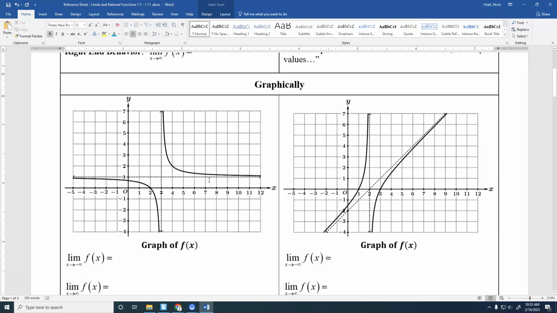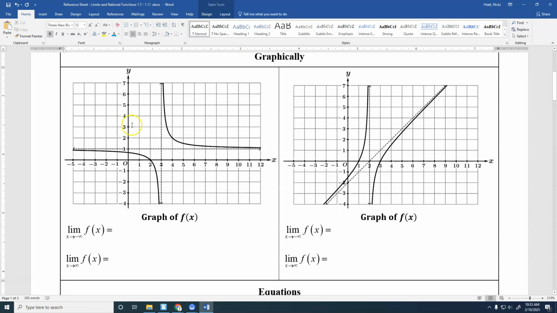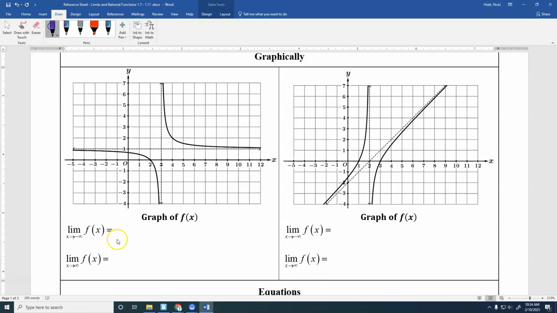So if we look at these two examples that they have given us here, for the graph of f here, let's see, Mason, what is our limit as x approaches negative infinity? Nope. Think about what the y coordinate is doing. It is going up, but does it go up forever?